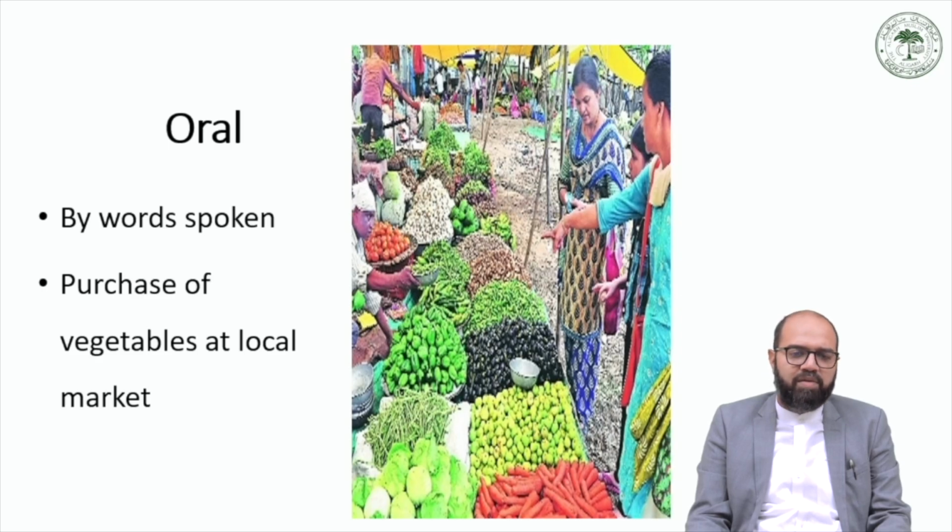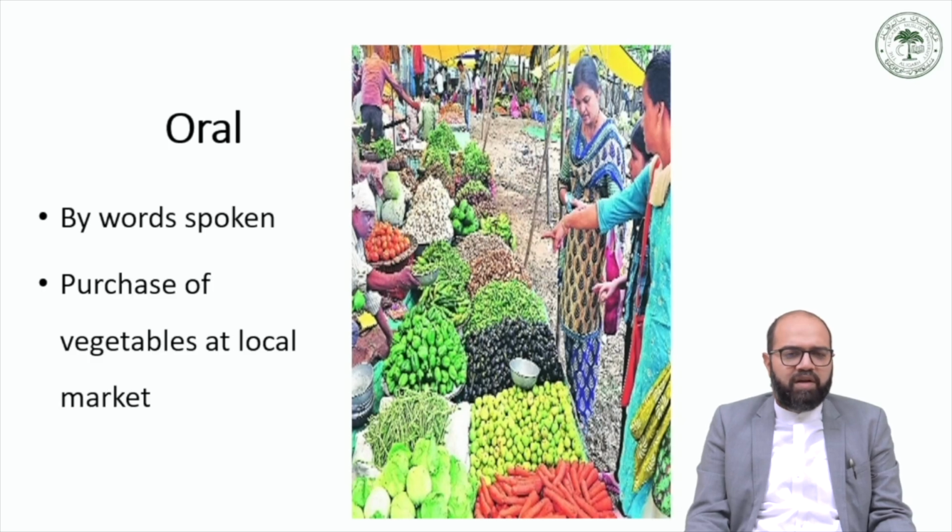In the same way, many of these vendors do not give us any receipts. So there is nothing in writing. But how much of vegetables we want, what kind of vegetables we want, everything is spoken. So this is a kind of an oral contract of sale of goods.